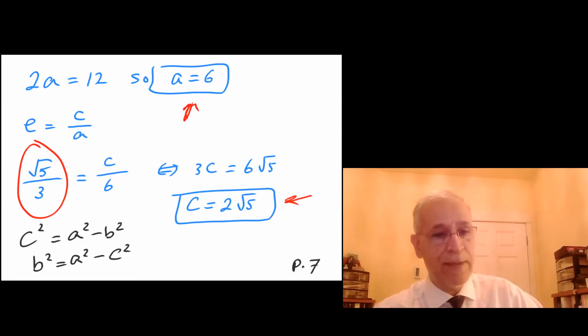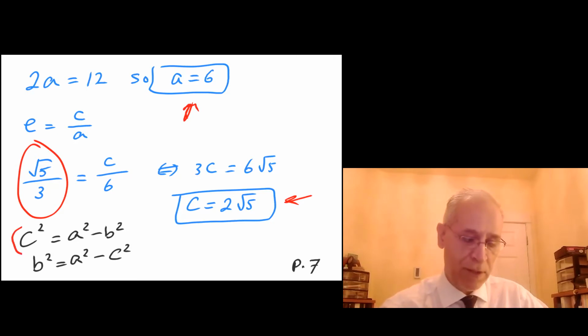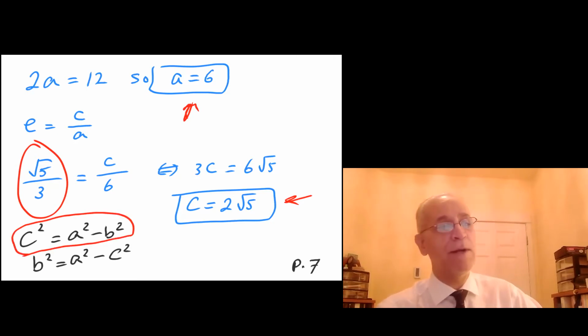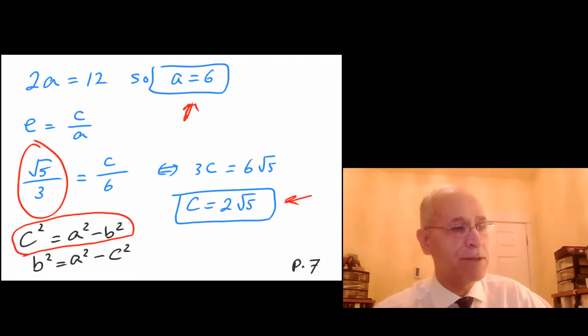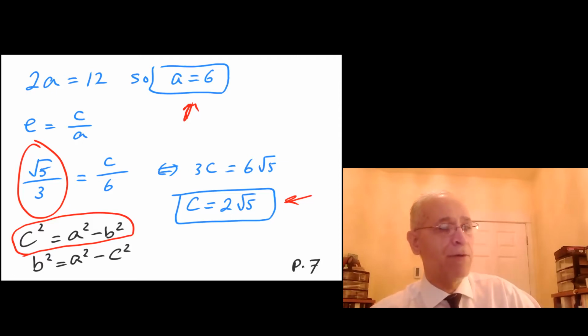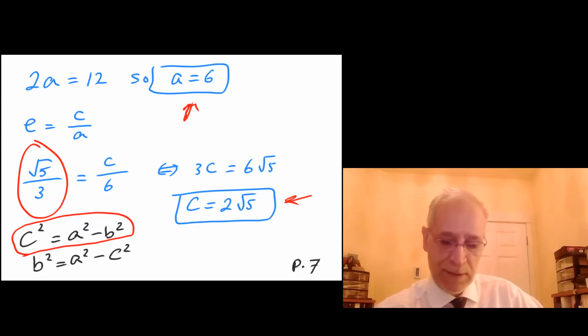Now that I have the value of c and the value of a, I'm going to solve for the value of b using my general formula that c squared equals a squared minus b squared. By rearranging, I get b squared equals a squared minus c squared.